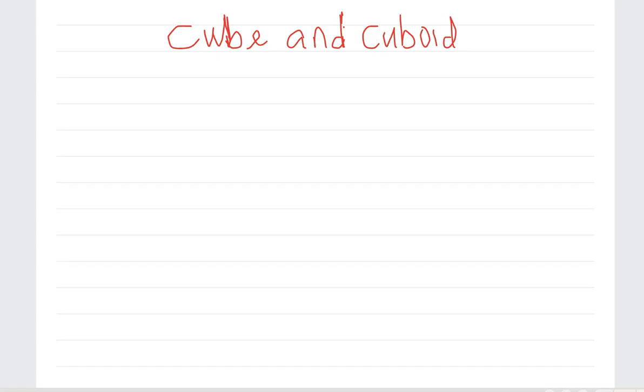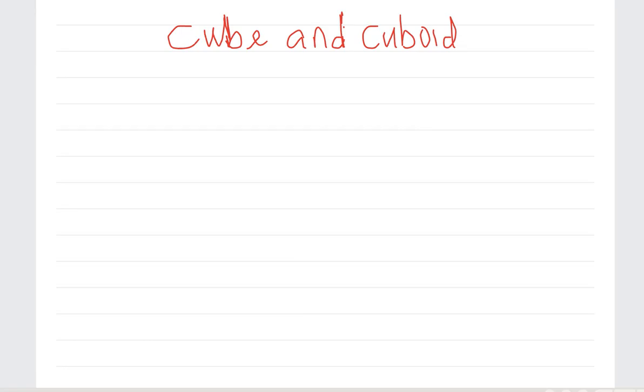In today's class, our focus will be on the cube and cuboid. Here we are going to look at their formulas, and then use them to solve examples. Before I proceed, let's have the diagram of a cube and a cuboid again.